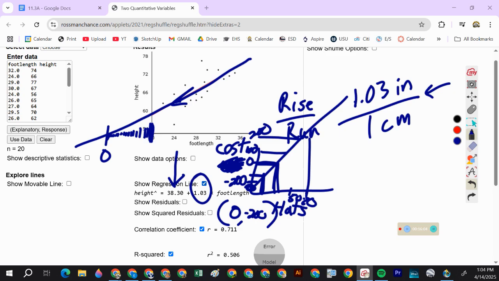And if you only make 1 hat and you sell it for 10 bucks, so 1, negative 190, 1 hat you'll recoup 10 of your investment dollars, and that totally makes sense. So sometimes the y-intercept fits the model in a relevant way, and sometimes it doesn't. And in the case of the foot and height, it simply doesn't. Okay. Any questions? All right, get to work.